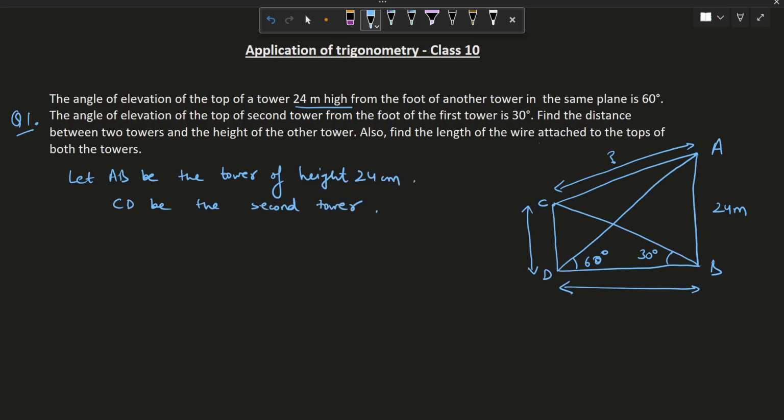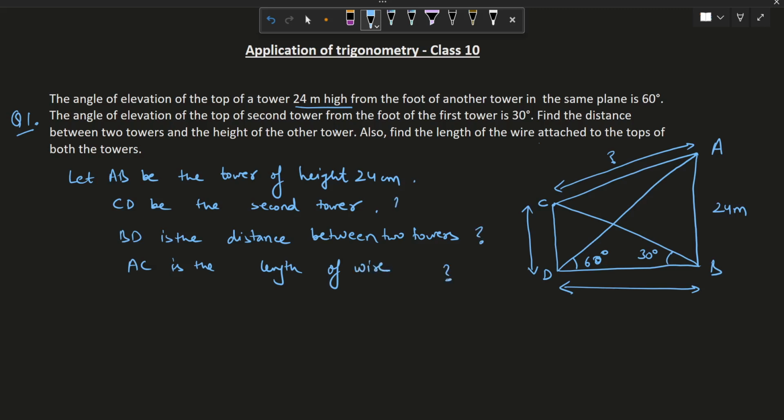It will take hardly 1 minute if you write it properly, less than 1 minute, only a few seconds maybe. And BD is the distance between the two towers. Okay, and AC is the length of wire that you have to find. You need to find these three things.